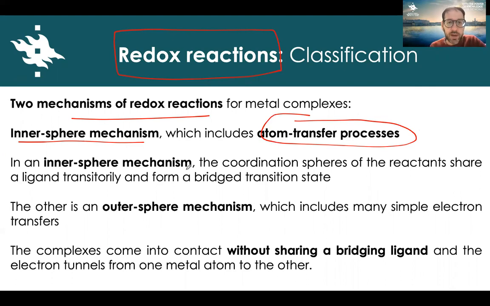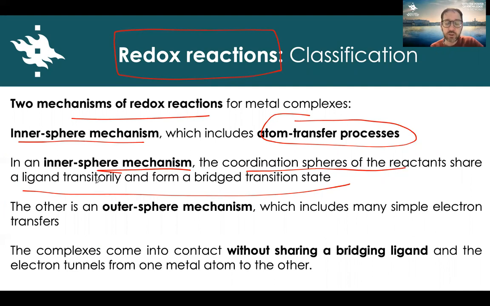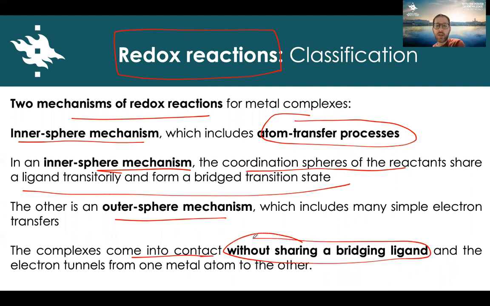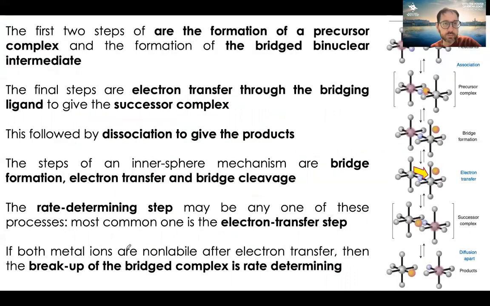In an inner sphere mechanism, the coordination spheres of the reactants transitorily share a ligand to form a bridged transition state. The outer sphere mechanism includes many simple electron transfers, in which the two complexes come into contact, but do not share a bridging ligand. In this case, the electron transfer goes from one metal to another by tunneling.